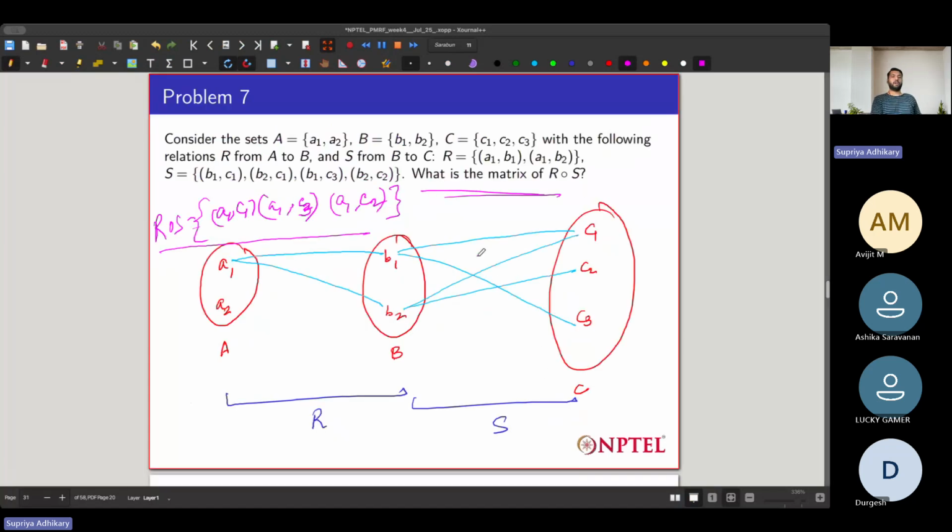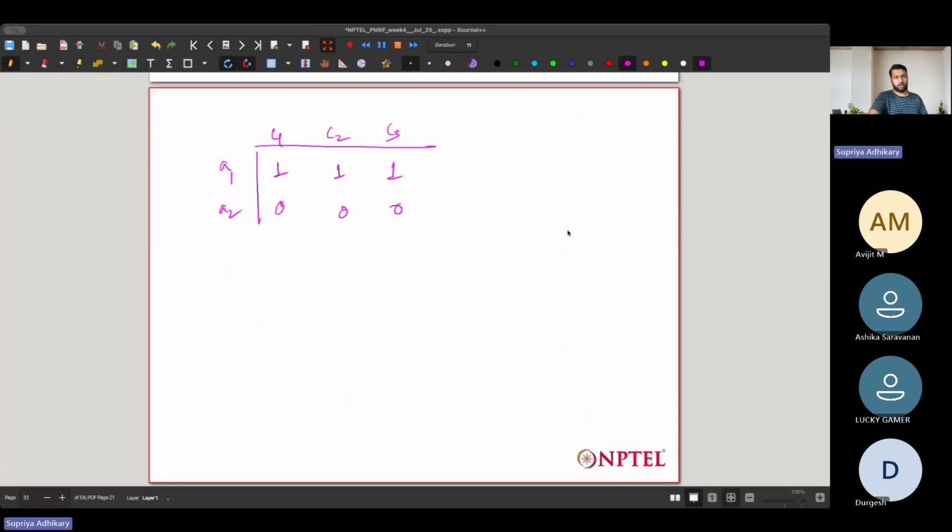Now, what if we just find the matrix for R and S, and then we find the matrix for the composition using some matrix operation on those matrices. So that can also be done.